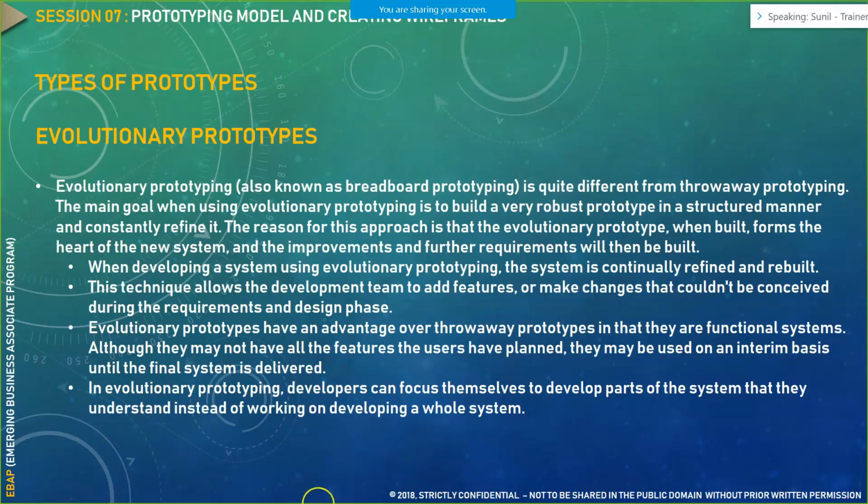Then there are evolutionary prototypes, typically used in a gaming development environment, wherein we are in a constant need of evolving the prototypes. Let's say we have a particular set of game titles with us. So there would be a certain user interface, then certain elements, some actions that would be happening in that typical game.